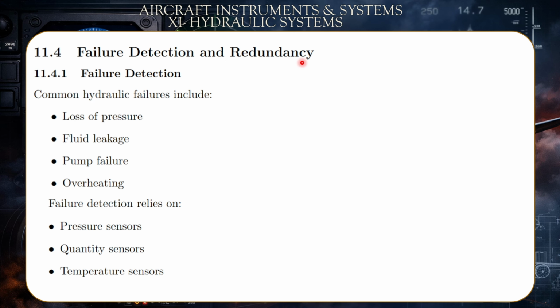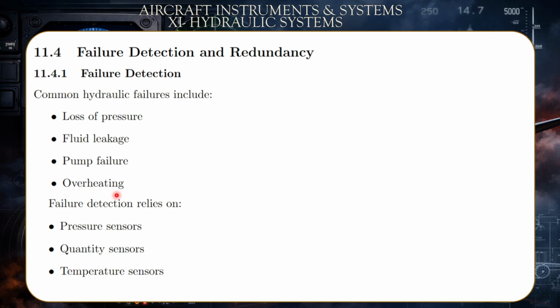Failure detection and redundancy. Failure detection: common hydraulic failures include loss of pressure, fluid leakage, and loss of pressure can also be caused by a fluid leakage. Pump failure, so the pump is no longer working properly. That's why the fluid cannot be pushed through the pipes in order to activate different controls.